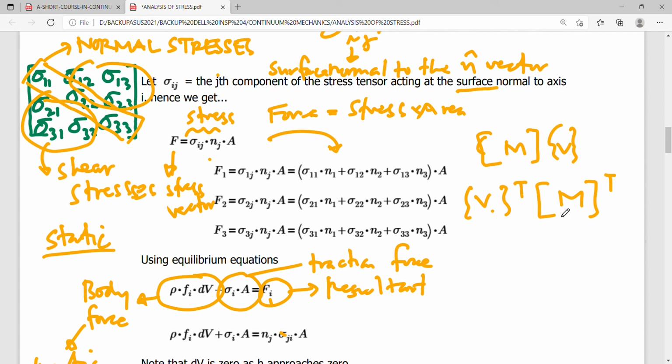That's why here your Ni became Nj, and your sigma ij became sigma ji.